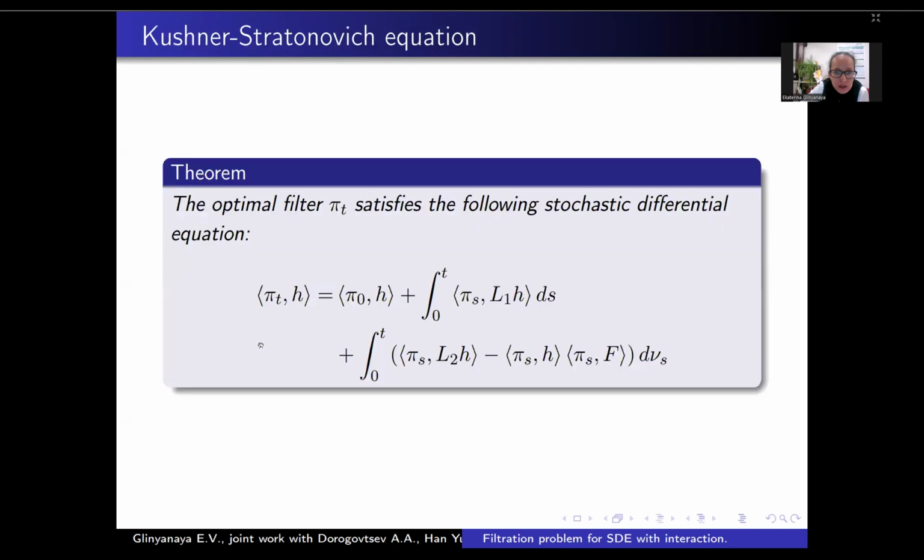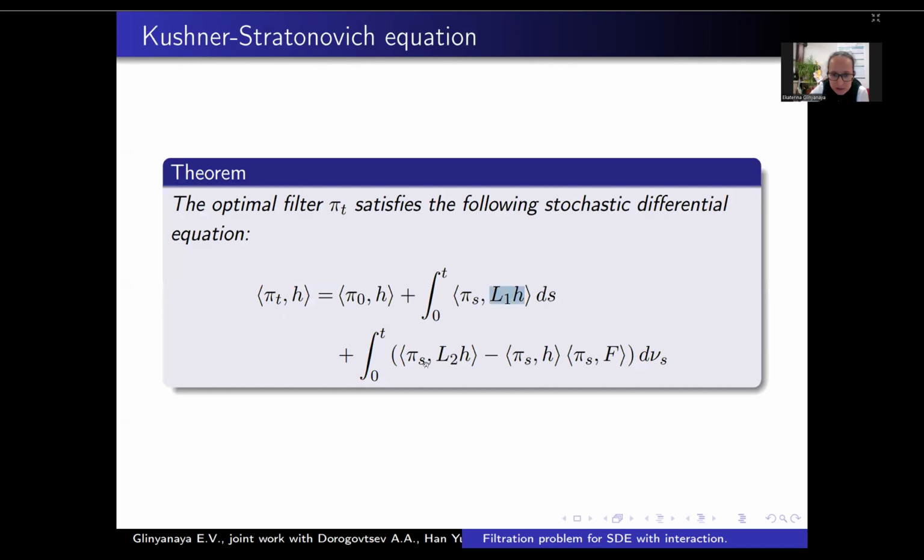And now that we have this, we can get the so-called Kushner-Stratonovich equation for the optimal filter itself. Here again we have the same operators.